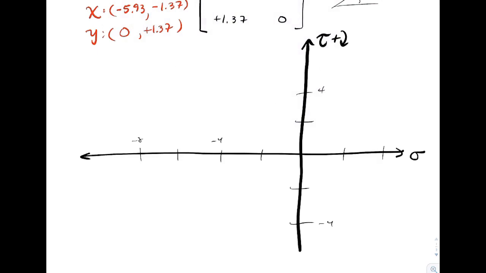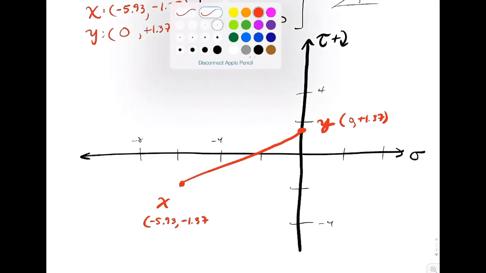So minus about 6, that's 2, so we end up with a point about right here for x. Our y point will be sitting about right here. And I like to sometimes put the coordinates right there: minus 5.93, minus 1.37. Y point: 0, comma, plus 1.37. So there is our initial stress state.